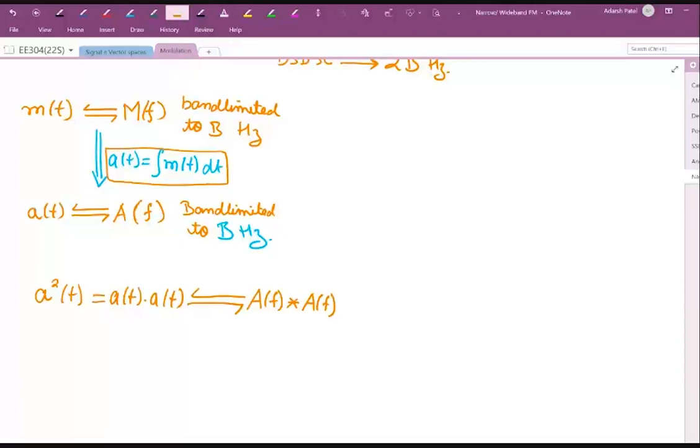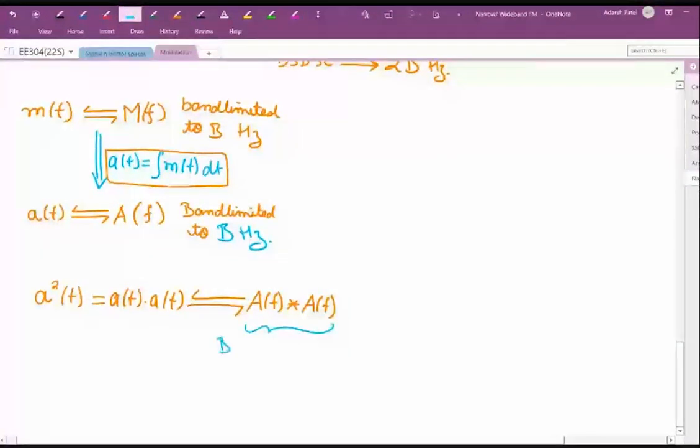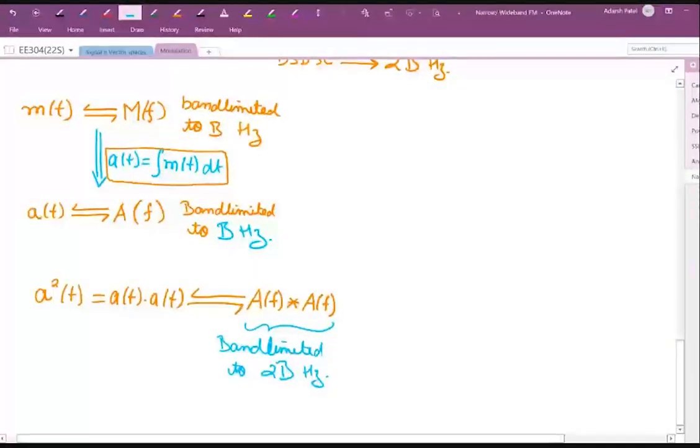Because if we take convolution, one signal is slid and summed with the other one, so effectively the result will be band limited to 2B hertz. Is this point clear to everyone? Anyone? I didn't understand.